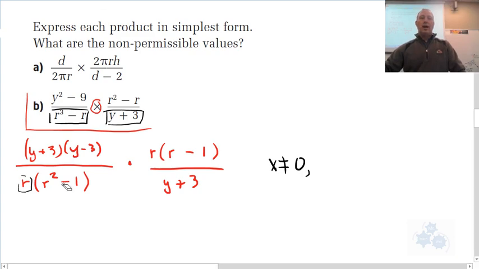So I'm just going to save space. I am going to erase this, and I'm going to factor it right here. So that r squared minus 1 is a difference of squares again. So this is actually r plus 1 and r minus 1. Okay? So if we go back to our restrictions, then r cannot equal plus or minus 1 as well for this one and this one.